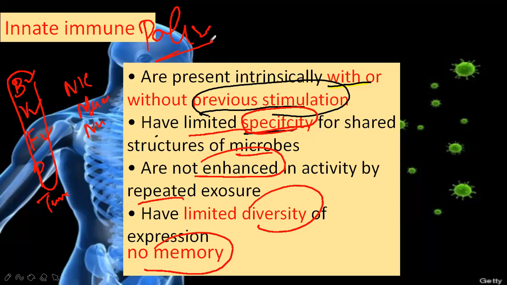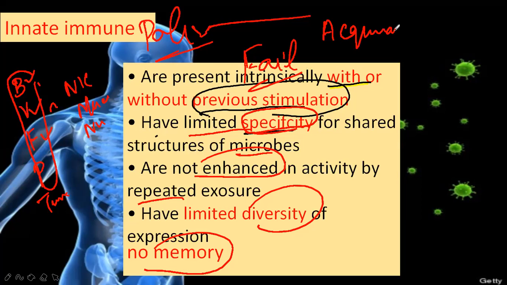Why does innate immunity fail? Because innate immunity has no diversity, no specificity, no memory, nothing. That's why it fails. When innate immunity cannot kill the incoming bacteria or virus, innate immunity gives a message to acquired immunity.